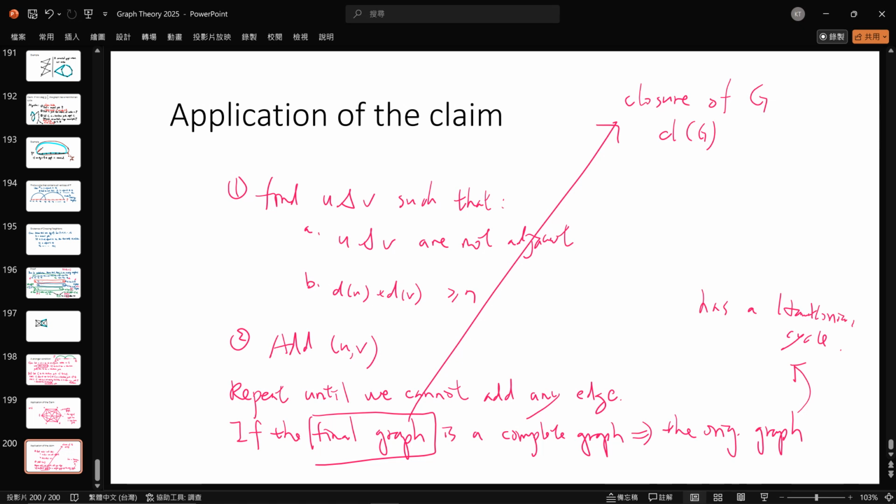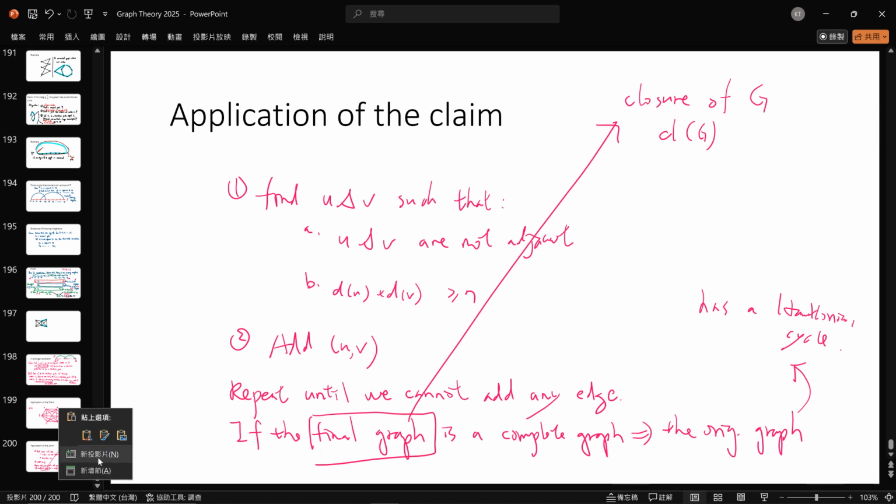Okay, so the next question that we're going to discuss is under what conditions will this closure of G be a complete graph? Okay, so now you have the original graph and want to do some simple check to see whether the closure of G will be a complete graph or not. Okay.